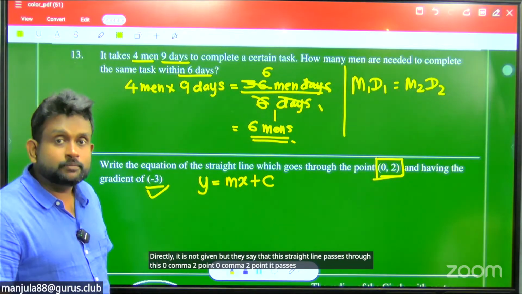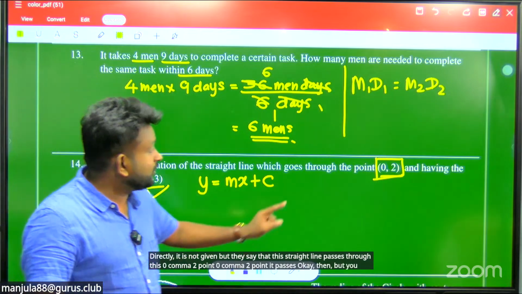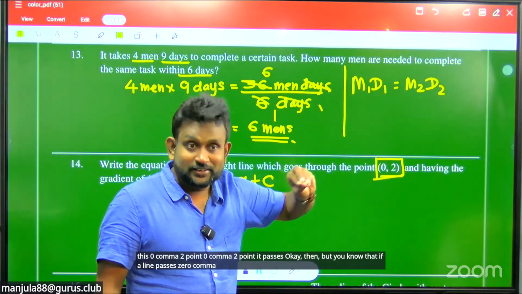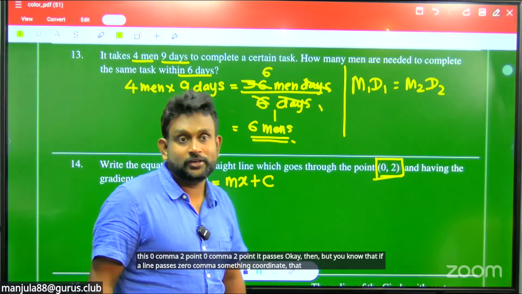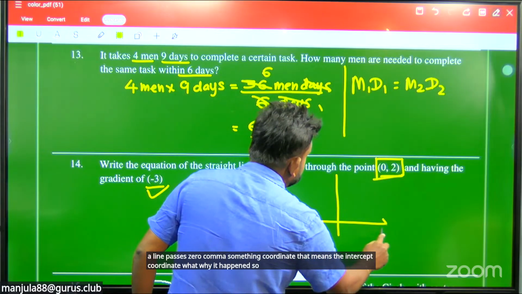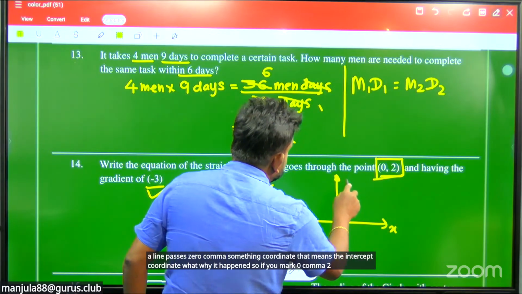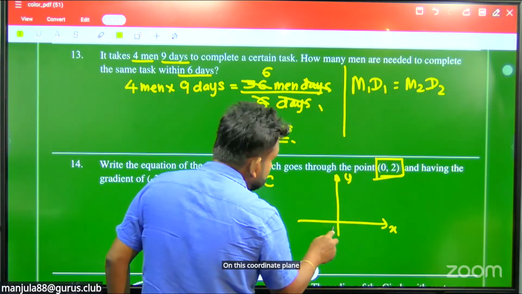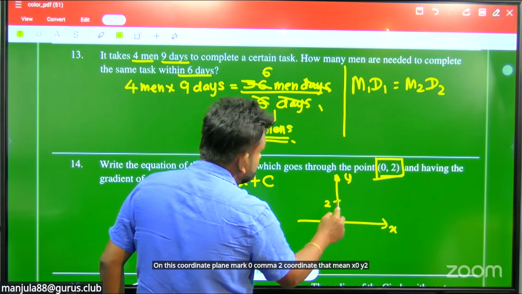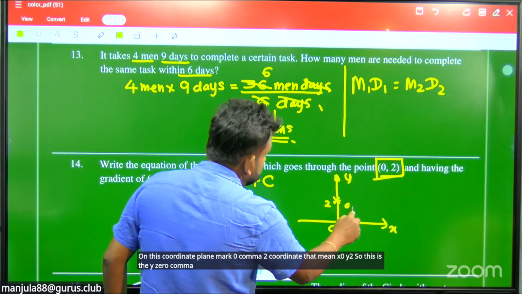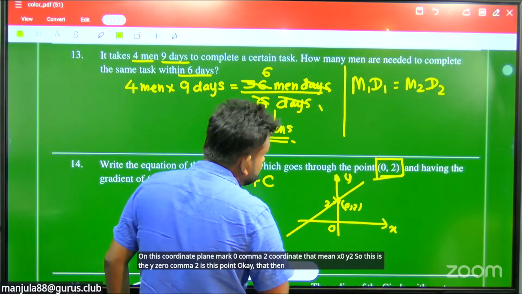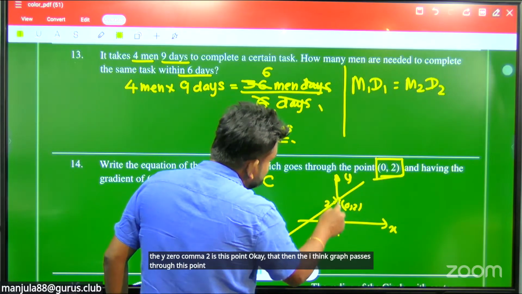But you know that if a line passes through a coordinate of the form (0, something), that is the intercept coordinate. Why does this happen? If you mark (0, 2) on the coordinate plane, that means x is 0 and y is 2.